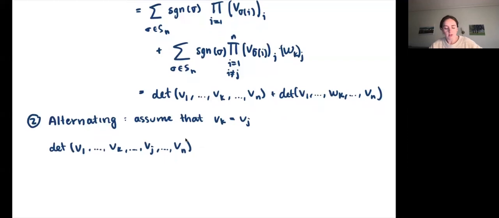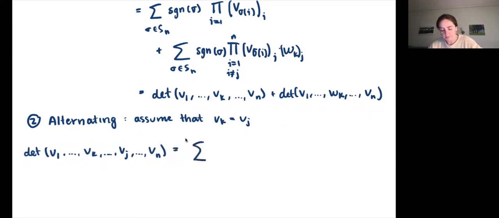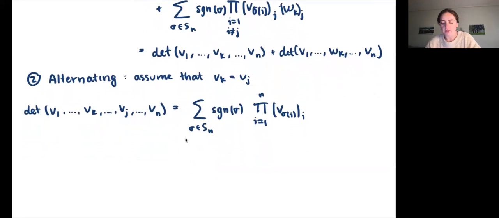Okay, so let's write this out. So this is going to be the sum over sigma in Sn, sign of sigma times the product as i goes from 1 to n, v sigma i, and we want the ith coordinate of that. Okay. So what happens?